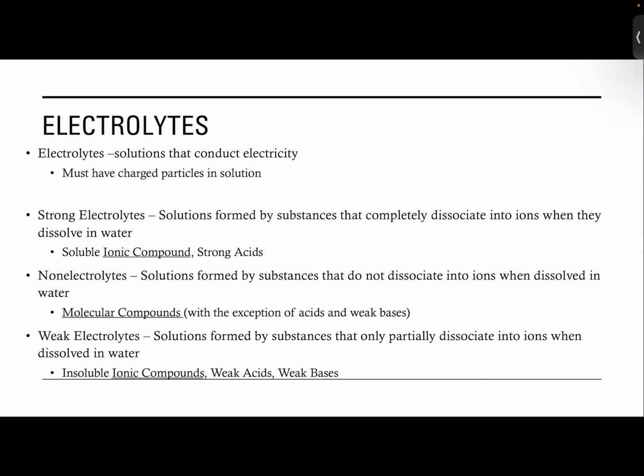But for example, sugar, when it's dissolved in water, would be aqueous, but it's not going to be a conductor of electricity. So it really is dependent with those molecular compounds, what the compound is, how soluble it is in water, as to what state of matter we provide in the reaction.